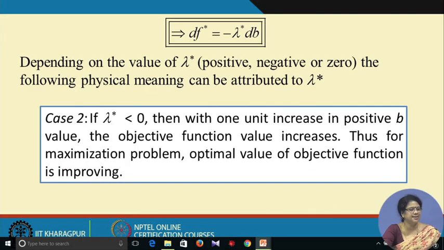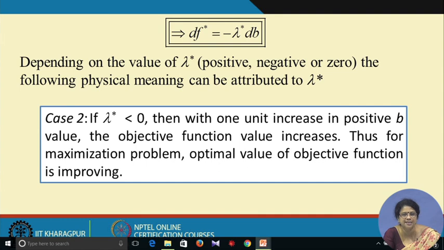Just take the reverse case, when lambda star is less than 0. Then for a positive increase in b, what will happen? The f value will increase. That means it is bad for the minimization problem. That is the loss for the minimization problem, but that is the gain for the maximization problem.